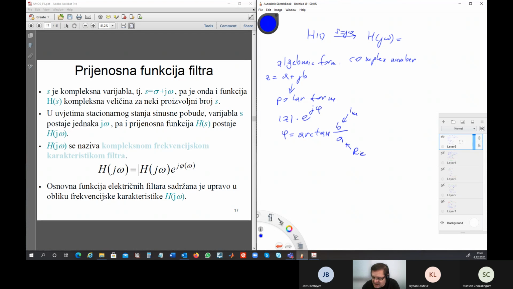So the same we will apply here. Okay, what is absolute of z? This is also known. This is the square root of a squared plus b squared. So this is solved by complex numbers.